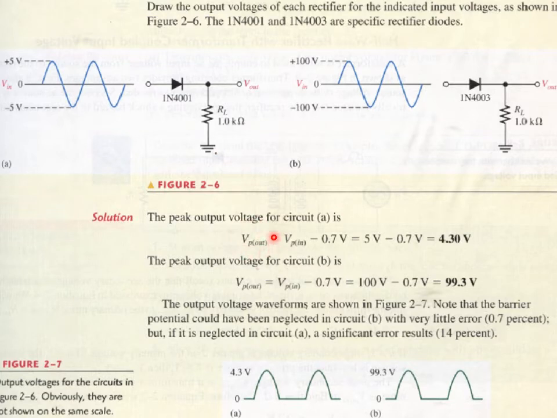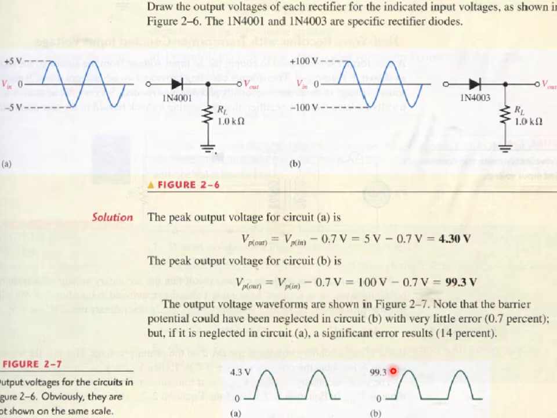So Vp out equals V in minus the bias voltage. For the first case, with plus minus 5 volts, the output voltage will be equal to 5 minus 0.7 volts, as we consider the bias voltage to be 0.7. And in the second case, it will be 100 minus 0.7, which is equal to 99.3 volts.